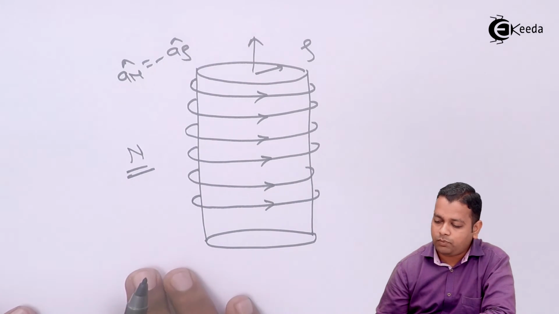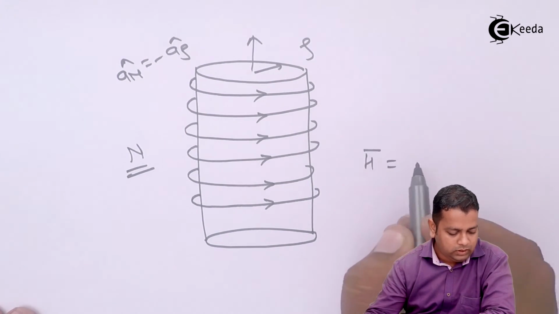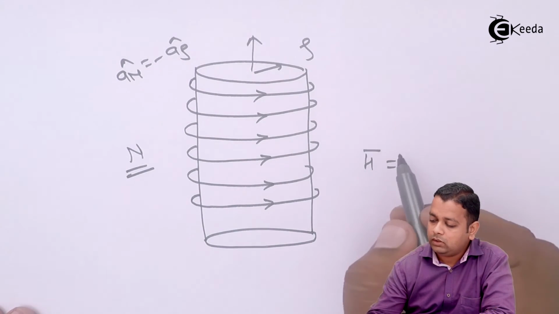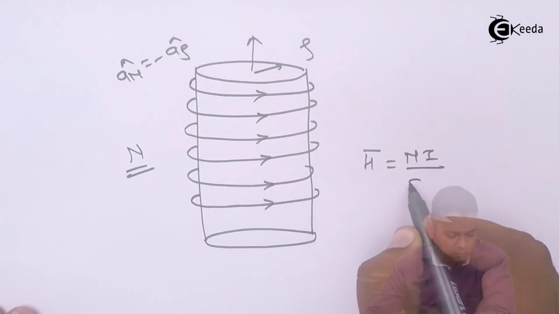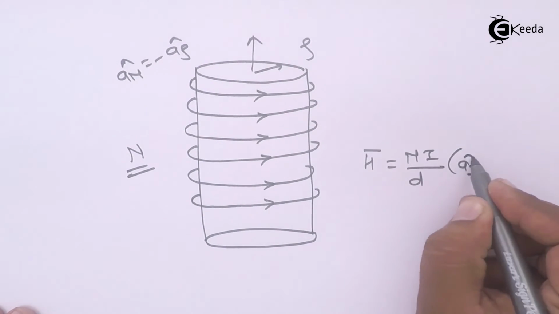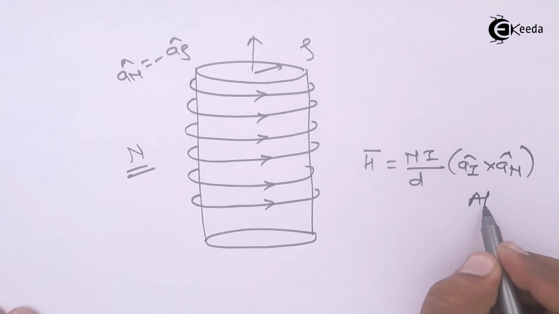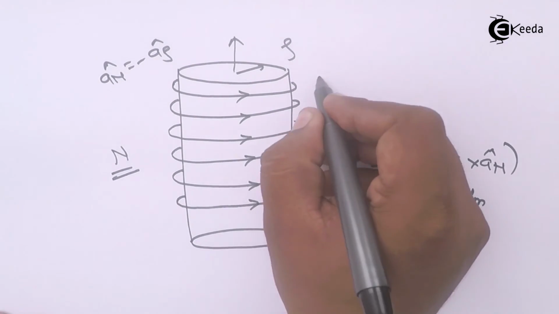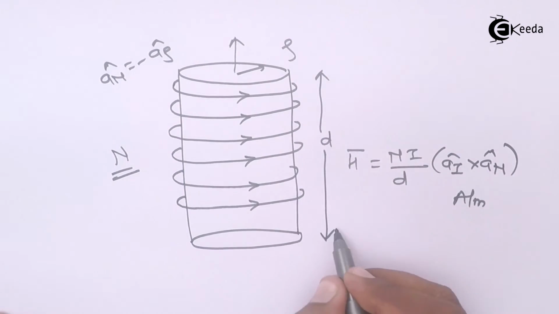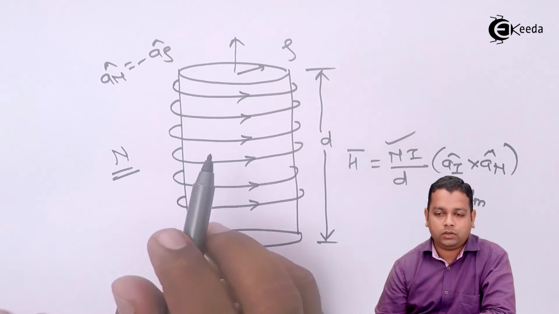So considering the number of turns onto the practical solenoid, the H bar inside the body of this practical solenoid will be given by N I upon d, a_i cap cross a_n cap, given in amperes per meter, where d is the dimension onto the solenoid this way. N we have already discussed, that is the number of turns. So this was for the practical solenoid.